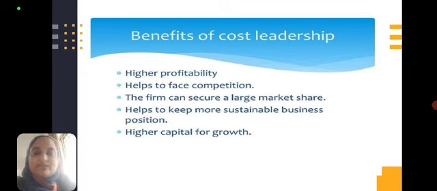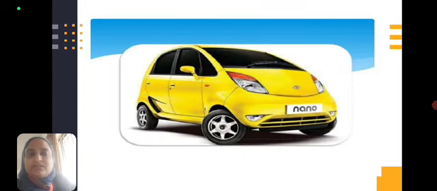Obviously, when the cost of the product goes down, it is affordable, and the market share of the company also rises. It helps to keep a more sustainable business position. You can make a very good deal with your customers, and you can have increasing numbers of customers for your product too. And higher capital growth. When all these things are satisfied, you're going to grow with your product.